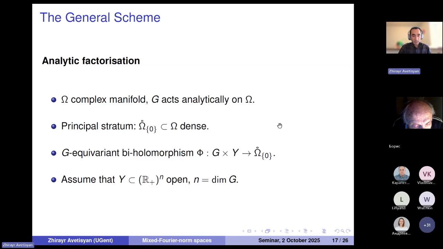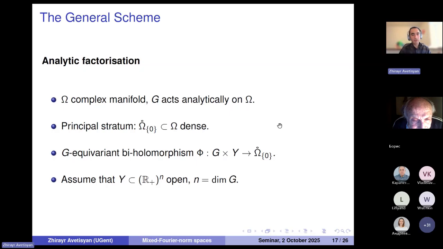We look at this open dense subset consisting of highest dimensional generic orbits. Then we find holomorphic coordinates that map this subset into the standard coordinates.